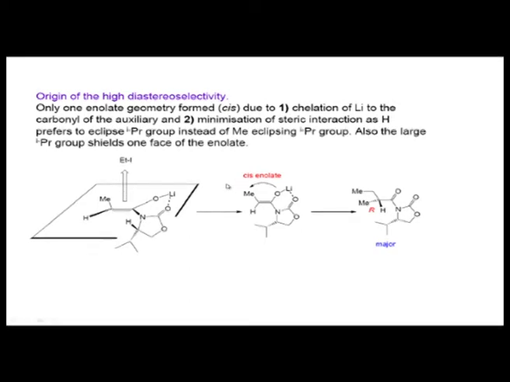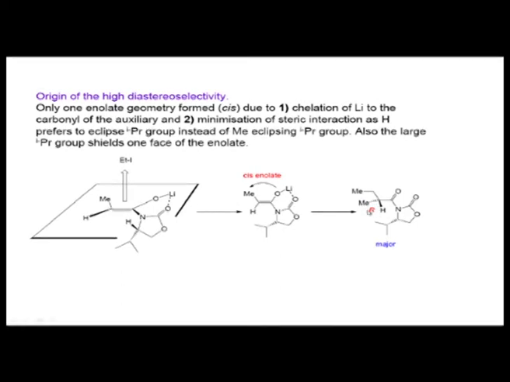Okay. So, if the ethyl iodide approaches from the front side, this is the other way to see the enolate. So, the ethyl will be on the top side. So, that is this ethyl, and this methyl is still alpha and the hydrogen is beta. The most important thing is ethyl comes from the top side, and that is the predominant product that you will get.